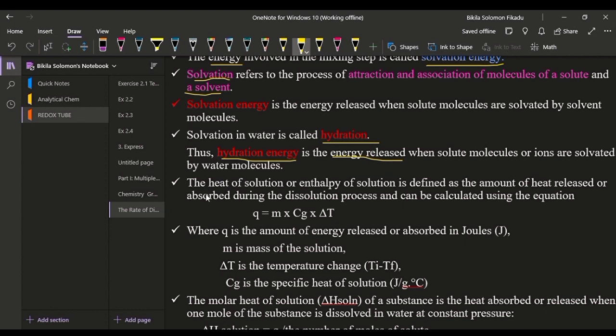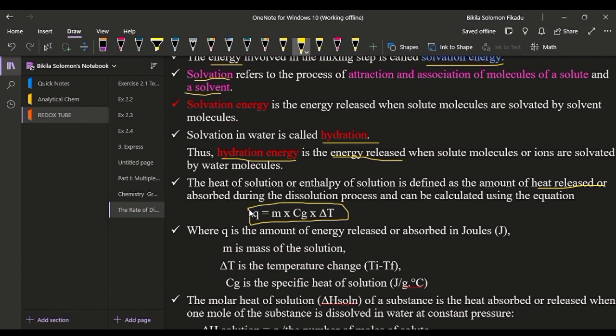The heat of solution or enthalpy of solution is defined as the amounts of heat released or absorbed during the dissolution process and can be calculated by using the equations of this. Formula kanaan maal ta'a jechuudha ibsama jechuudha. Maaltu heat of solution.